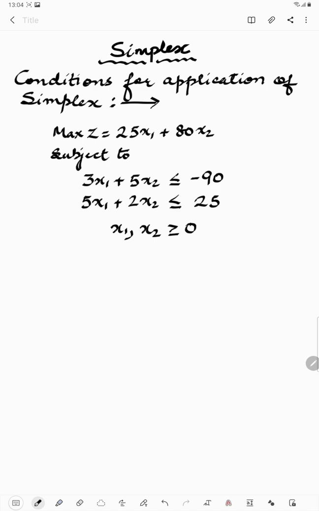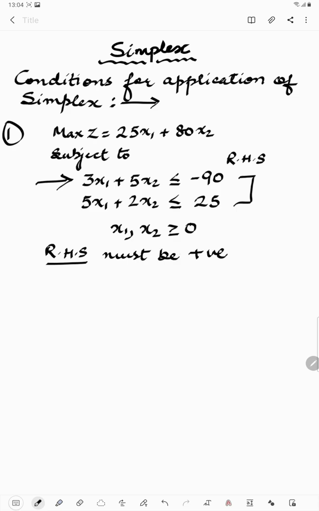You are familiar with formulation of linear programming problems. In this, the right hand side of the first constraint equation is not positive, as you can see, the value is minus 90. So the first condition is that the right hand side, or the value of resources, must be positive.